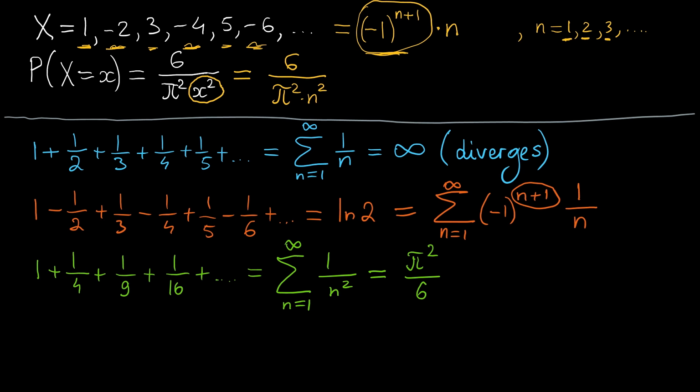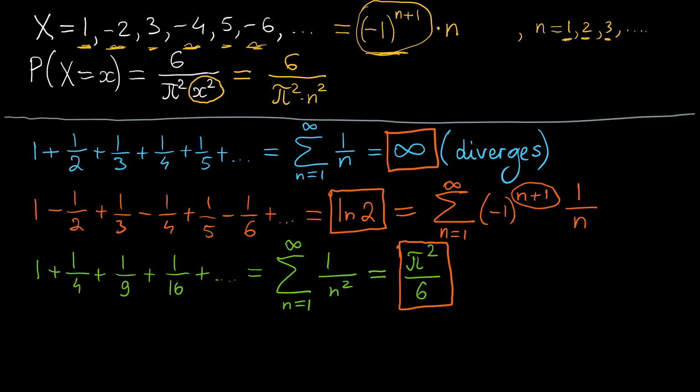Okay, so again, the three famous results. For the harmonic series, it diverges. For the alternating harmonic, the sum is log of 2, and for the sum of the reciprocals of the squares of the integers, we get pi squared over 6.